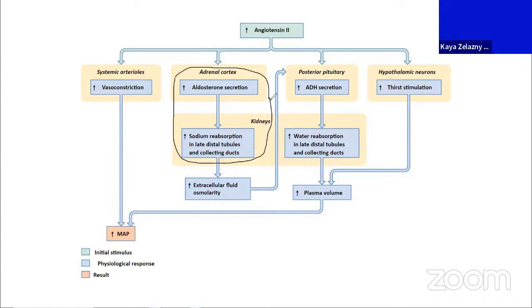We can sense plasma osmolarity in our brain. So aldosterone is ultimately also going to be a trigger for ADH secretion through this extra step of affecting plasma osmolarity. There could be a little bit of a time lag, but sodium reabsorption and water reabsorption are linked together by this relationship.